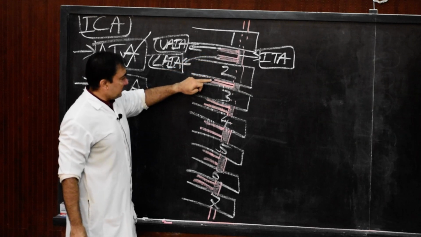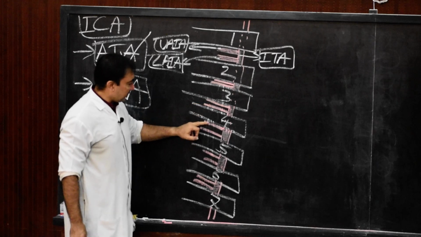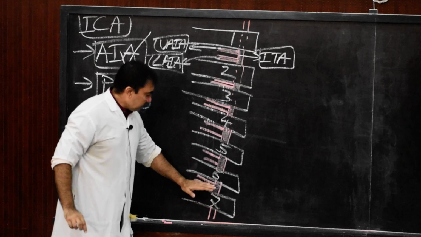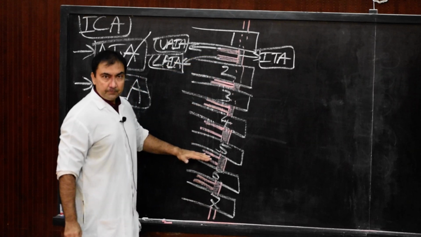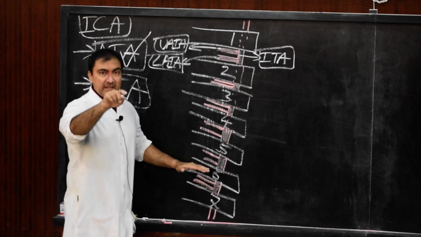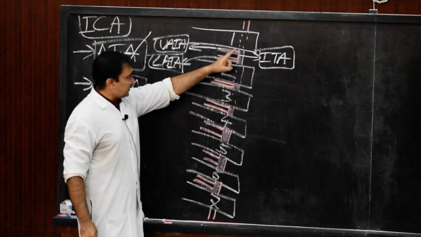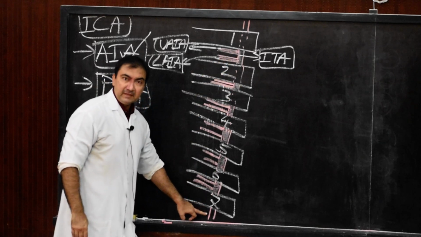In the upper 6 intercostal spaces, both the upper and lower anterior intercostal arteries in each space are branches of the internal thoracic artery. Now, what about the lower, from 7 down?